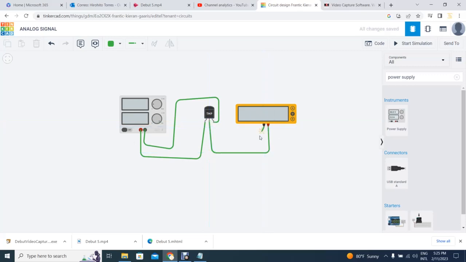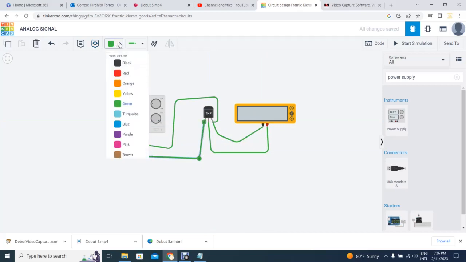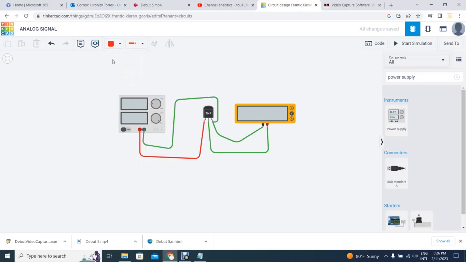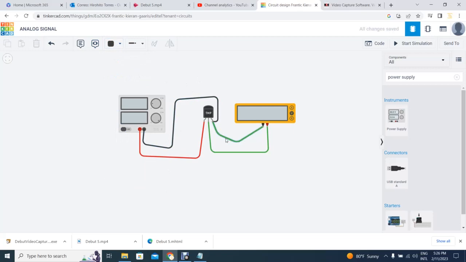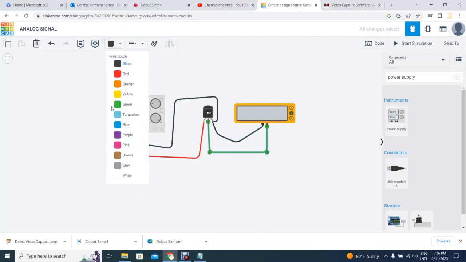Now this also needs to go to ground. Good enough there. So this is V out. Let's put this red so we understand this circuit. This is black, and this is black as well. And let's say this is a signal. Let's change that to blue.